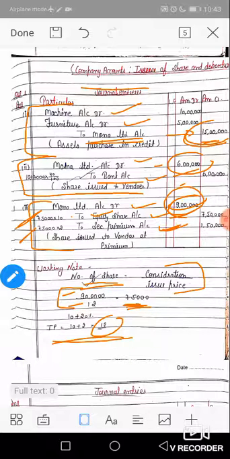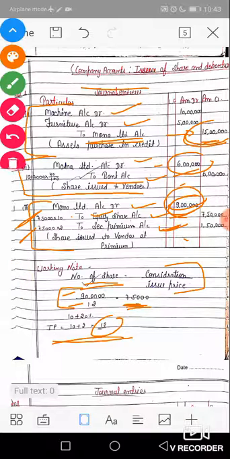To Securities premium: 75,000 shares and 2 rupees premium per share, so the total premium is 1,50,000. 7,50,000 plus 1,50,000 equals 9 lakh. So Mona Limited account is debited with rupees 9 lakh, to share capital 7,50,000 and securities premium 1,50,000.